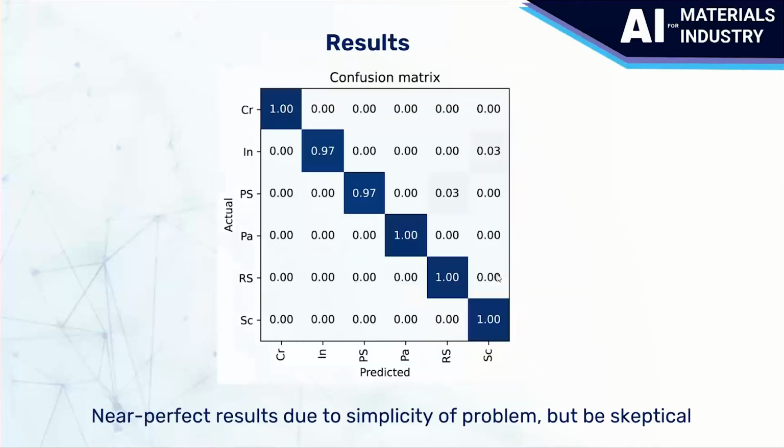Okay, let me now show you some results. So what you see here is the actual predictions, the actual classes versus the predicted classes. And this blue diagonal means we basically get nearly everything right, except these 3% errors for 2 pairs of classes.